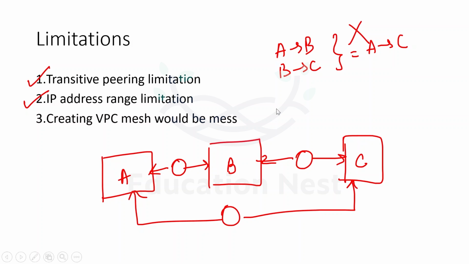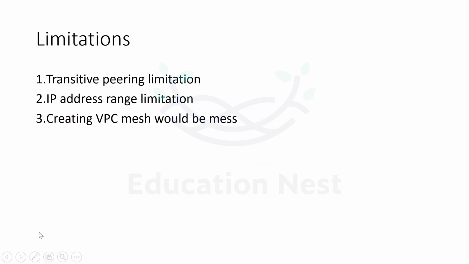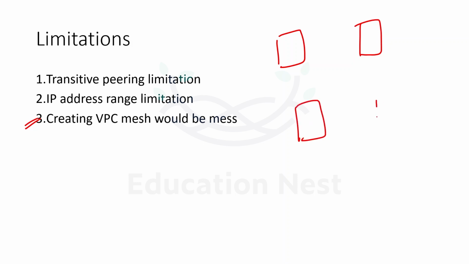The next limitation is creating the VPC mesh. Just like the tongue twister, creating a VPC mesh would be a mess. Why do I say that? Because of the transitive peering limitation, this limitation occurs. Let us suppose that we have 4 VPCs, and I want to connect all these 4 VPCs together.